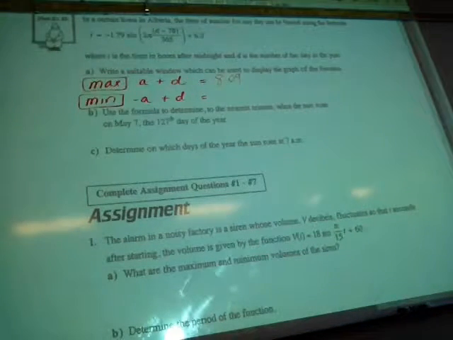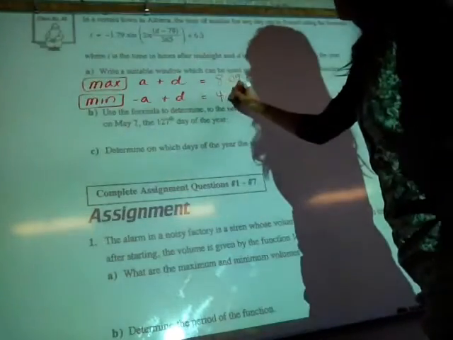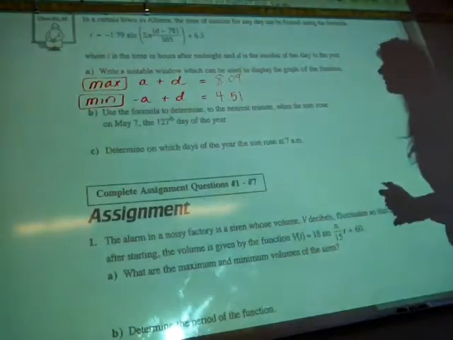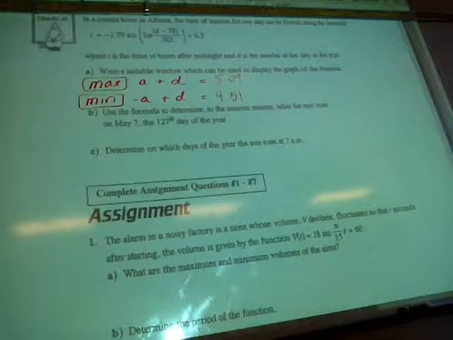We have 8.09 as our max, and 4.51 is our min. This will help us for our y-axis.